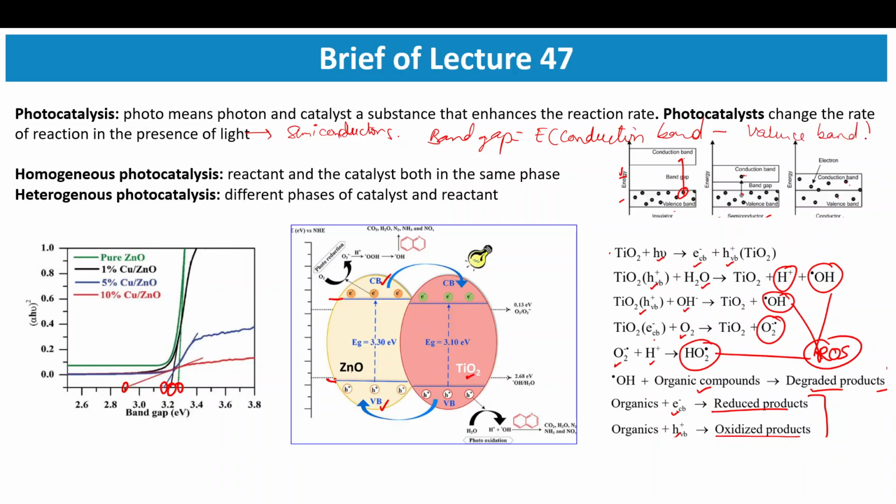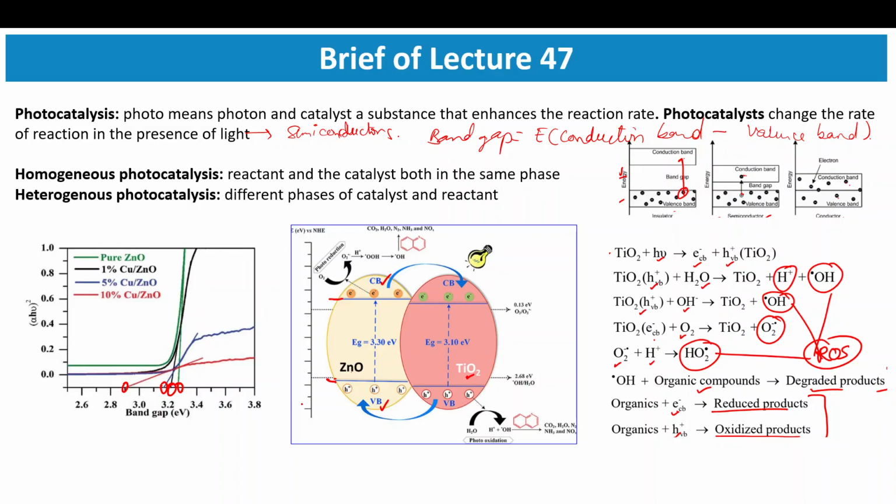So for insulators you will not be able to excite the material by light in normal conditions. So semiconductors are the best materials to be used. They are utilized because they have an appropriate band gap that can be easily utilized.